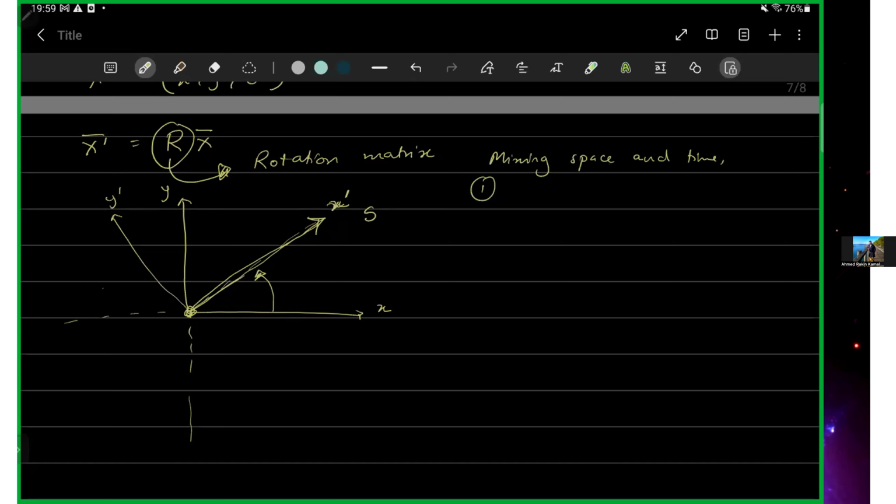Number one, events that are simultaneous in one frame are not simultaneous in another frame.